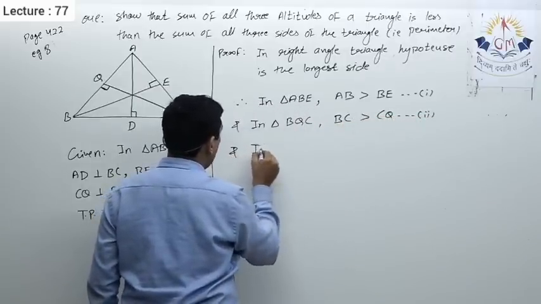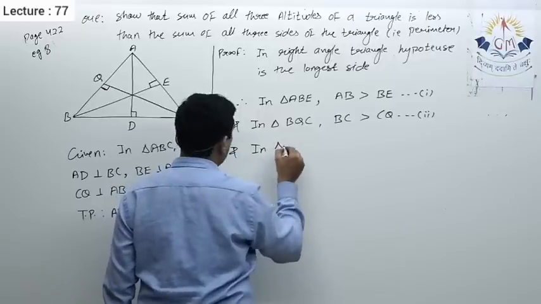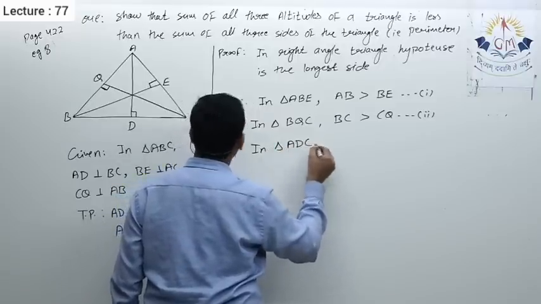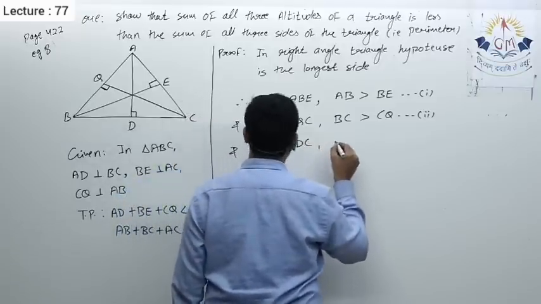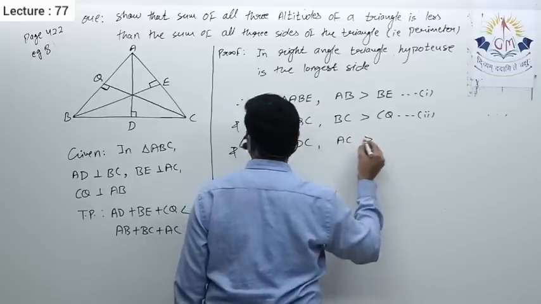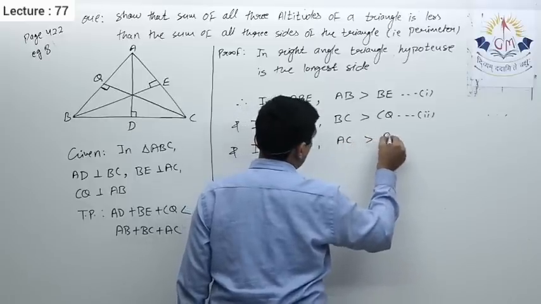And in triangle ADC, AC is greater than AD.